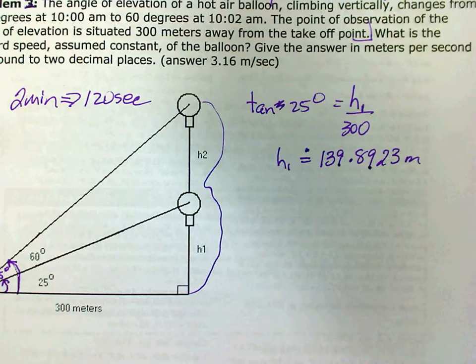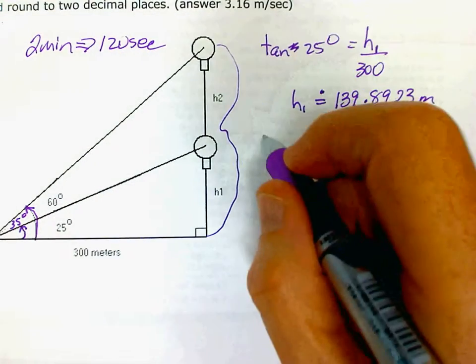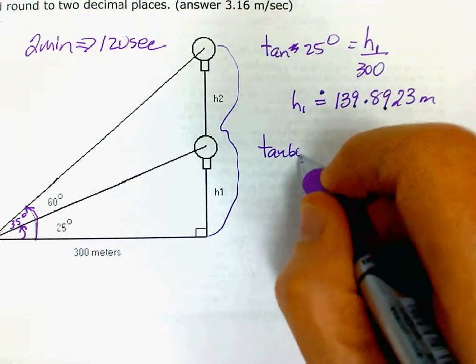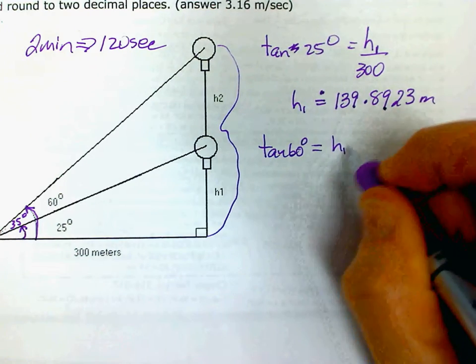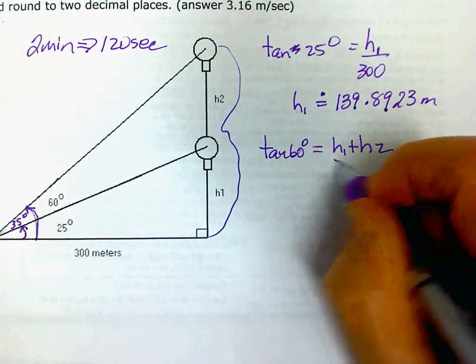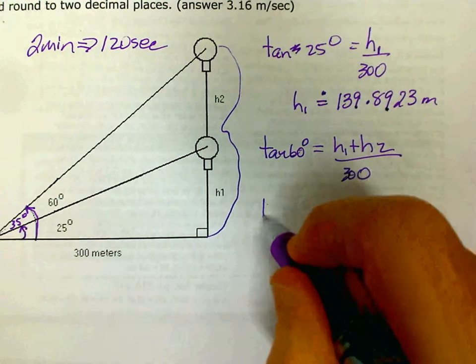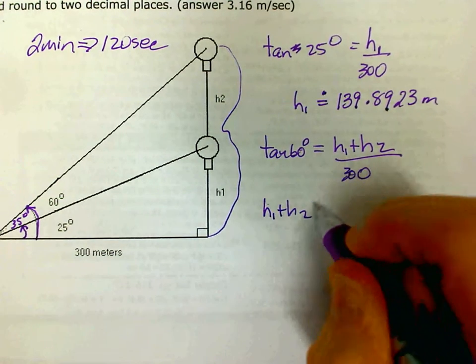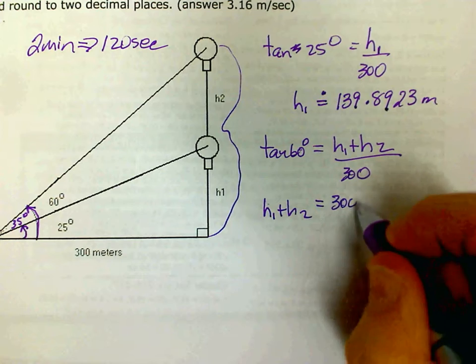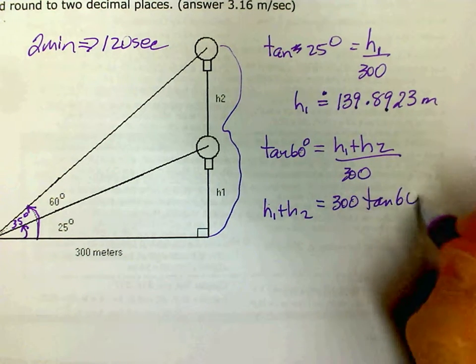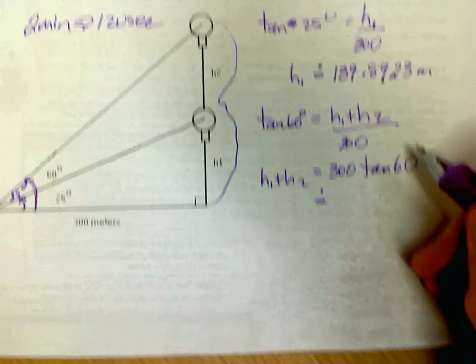We also know that tan of 60 is equal to h1 plus h2 over 300. So we know h1 plus h2 is equal to 300 tan 60.